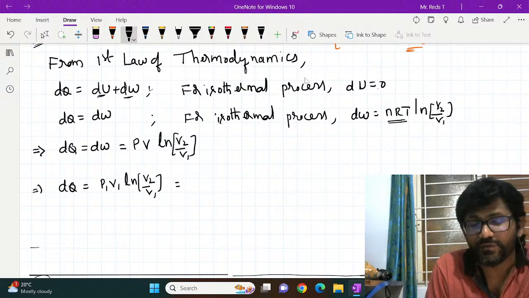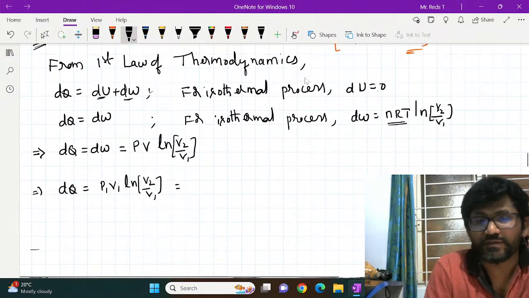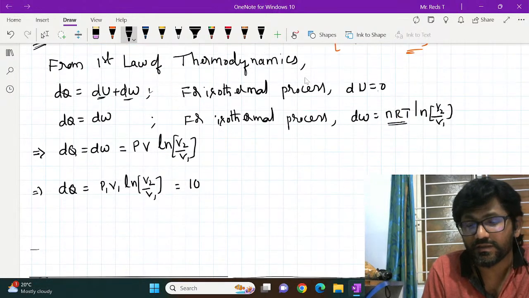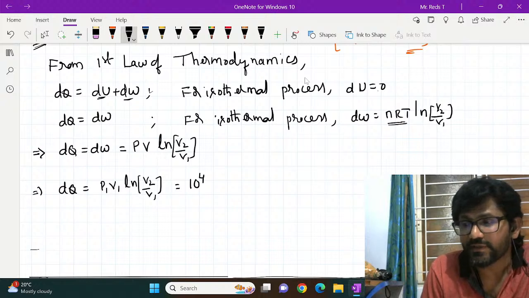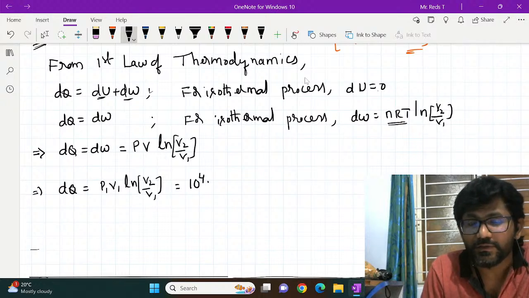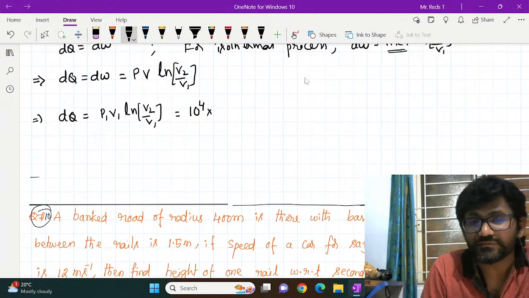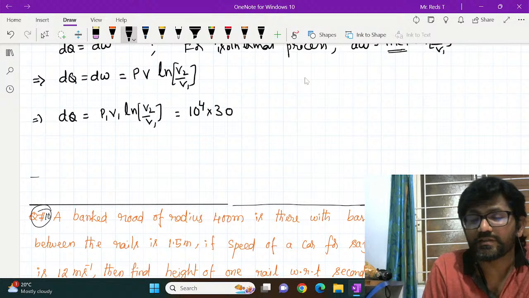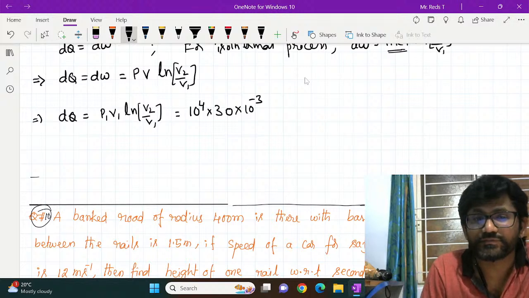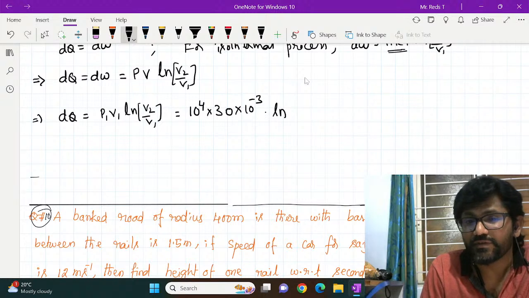P1 is the external pressure supplied, which is 10 kilopascal. 10 kilo means 10 to the power 3, so 10 into 10 to the power 3 is 10 to the power 4 pascal, into V1, which is 30 decimeter cube. 1 decimeter is 10 to the power minus 1 meter, cube means 10 to the power minus 3, into ln of V2 by V1.